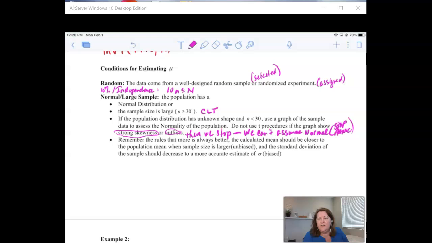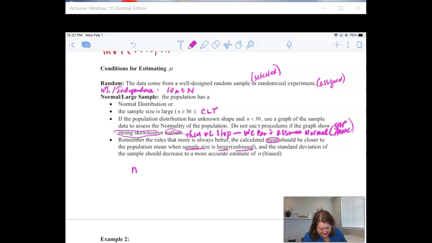So the rule still is n being higher is always better, the higher the sample size, right? We expect that the mean would be unbiased and that the higher the sample size, the more accurate our standard deviation is, right?